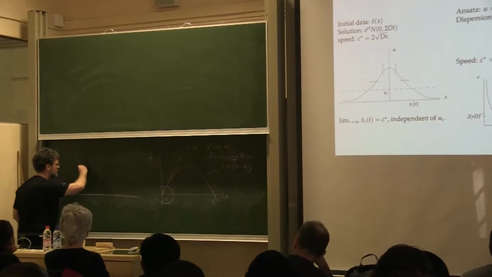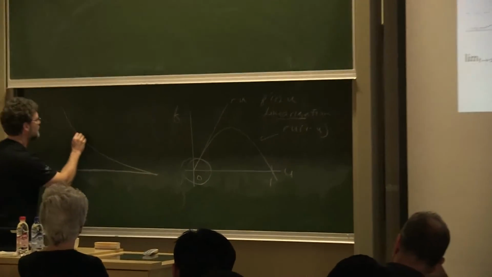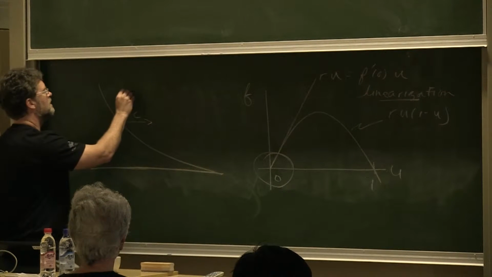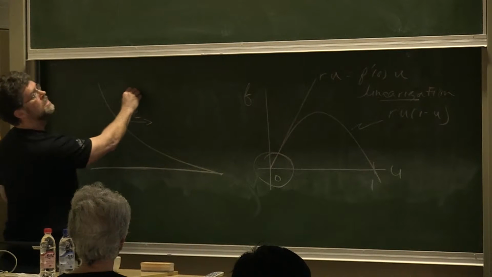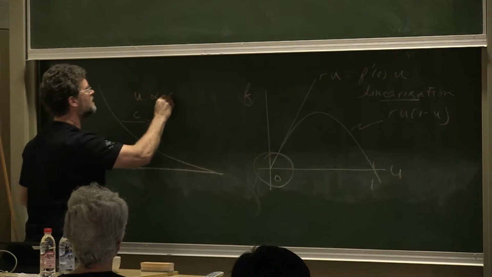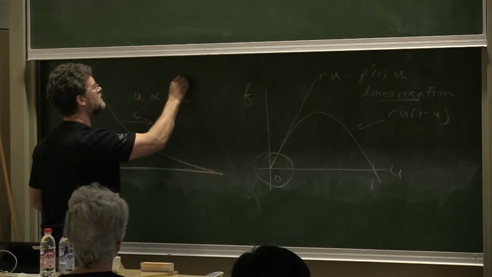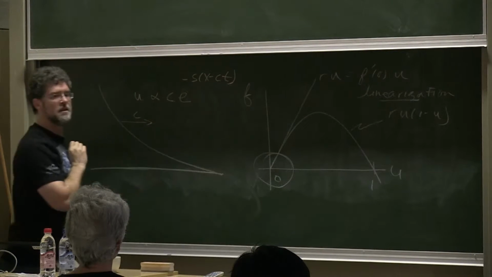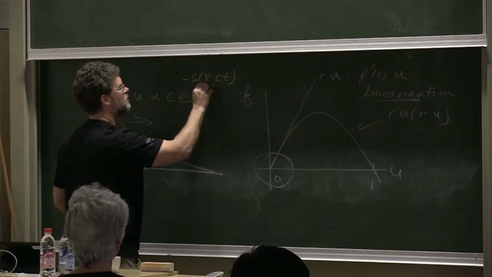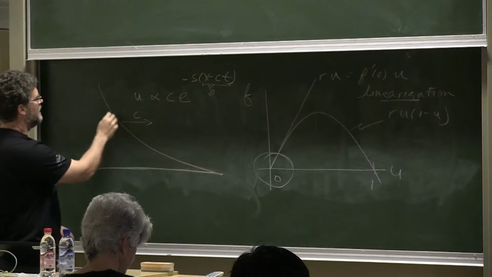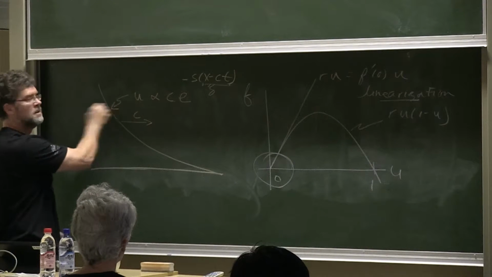It's going to be an exponentially decaying solution, moving at speed c. So u is proportional to some constant times e to the minus s (x minus ct). That was the traveling wave coordinate z that we saw before.